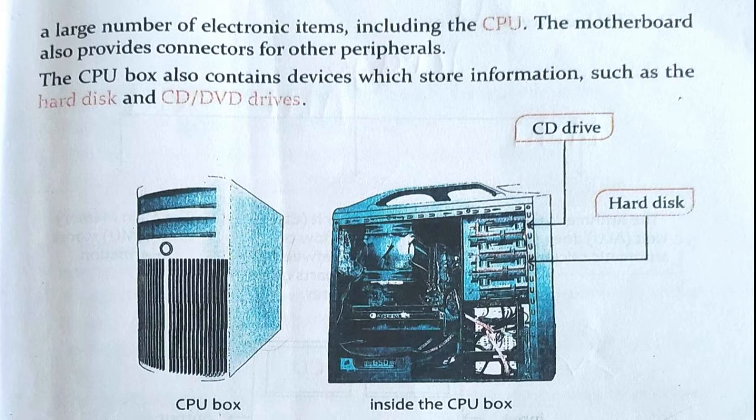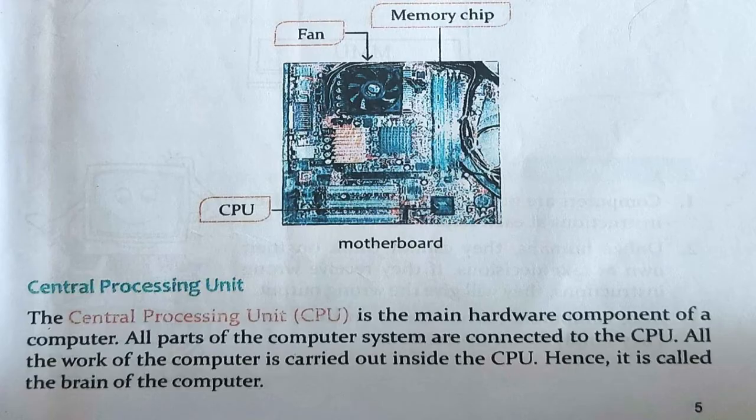The CPU box also contains devices which store information, such as the hard disk and CD or DVD drives. In the left picture you can see the CPU box. The right picture shows inside the CPU box: 1. CD drive. 2. Hard disk. In the picture you can see inside the CPU. The motherboard stays inside the CPU box. With the motherboard there are also a fan and memory chip.